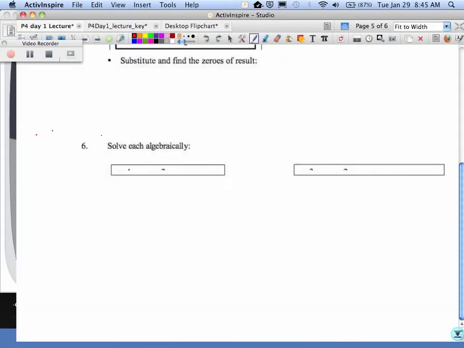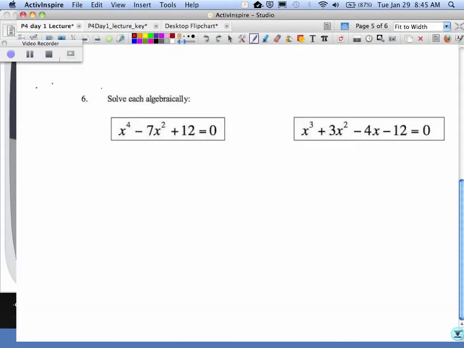All right, x to the 4th power can factor the same way you would a quadratic. We're going to go x squared and x squared in the front. Now, think about 12. 12 could be 1 and 12, 2 and 6, or 3 and 4. Those are the factorings.